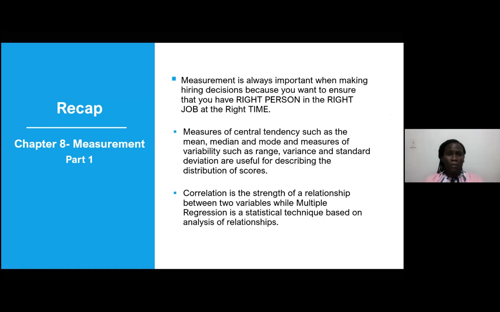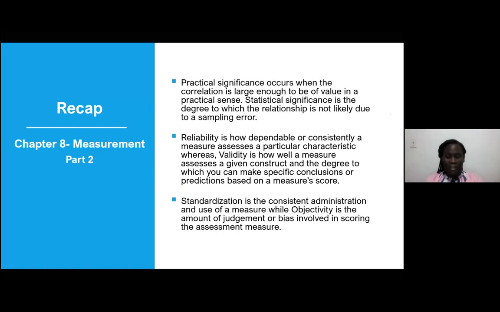And when we speak about correlation, we're thinking about the strength of relationship between your predictor variable and the outcome to determine if there's some relationship existing. And when we speak about standardization, we're looking at consistency. And when we speak about objectivity, we're looking at removing personal biases.